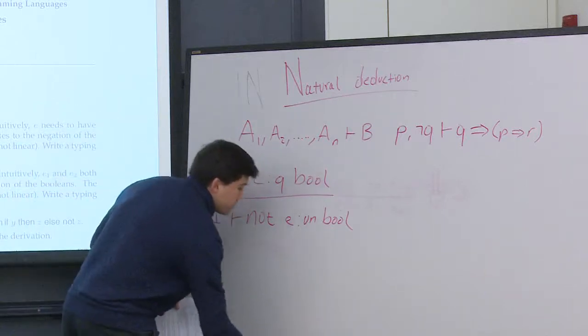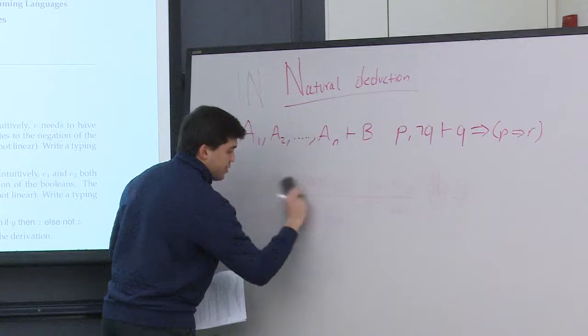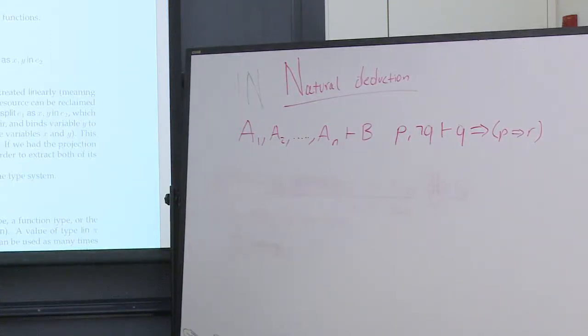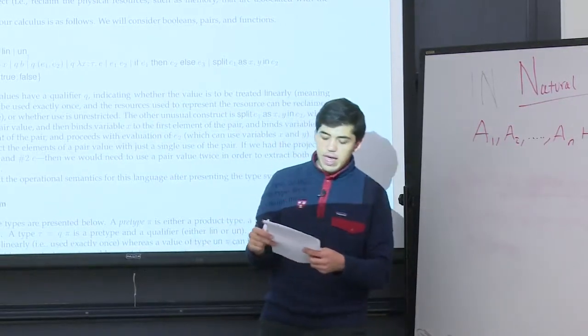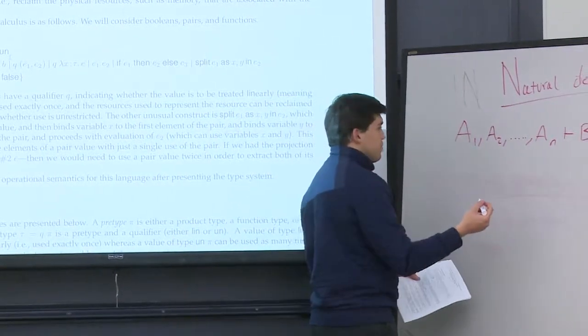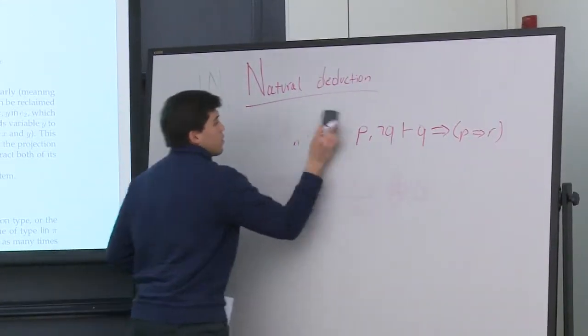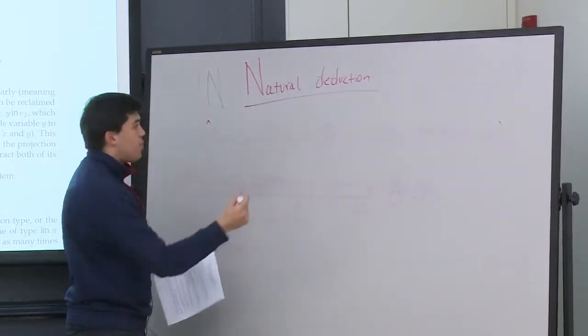So now let's say we were to add in a new syntax to our language. Again, this is our linear lambda calculus language. What if we were to add the conjunction operator, and?